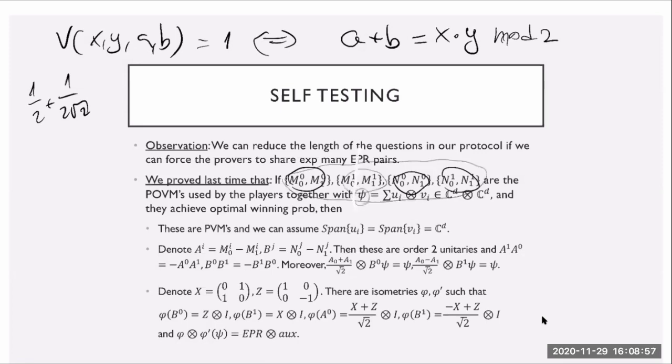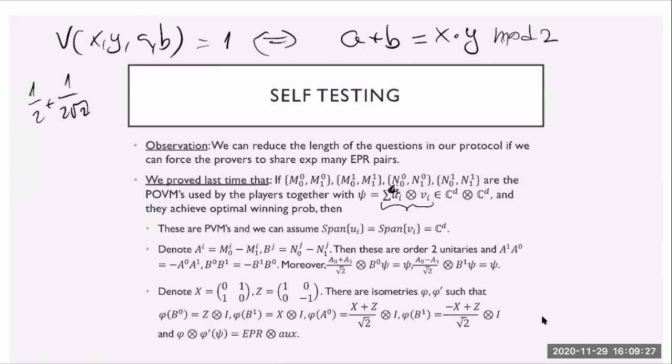And we stated that there is this result out of the SVD decomposition that you can decompose psi, this unit vector, as a sum of u_i tensor v_i times c_i, such that all the c_i's are non-negative, the u_i's are an orthonormal basis of the left C^d, and the v_i's are an orthonormal basis of the right C^d.